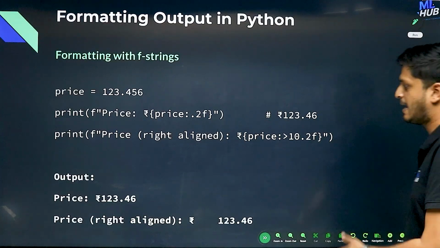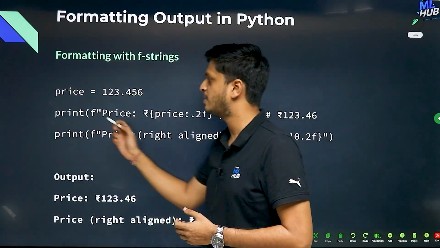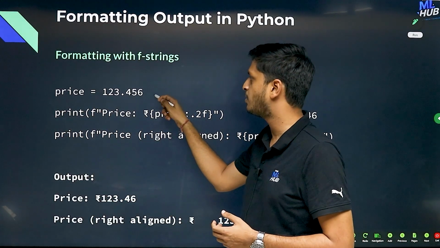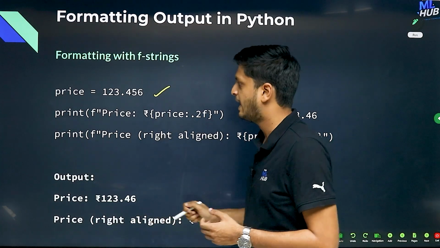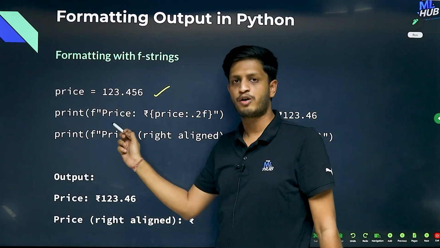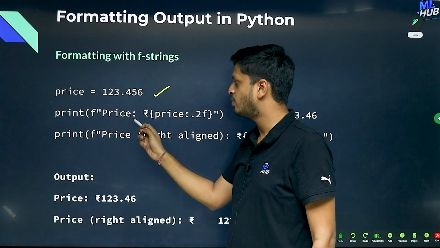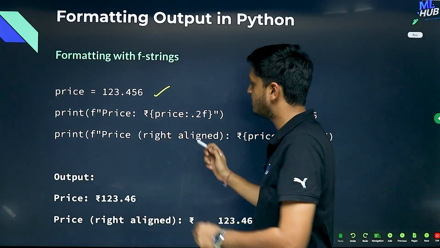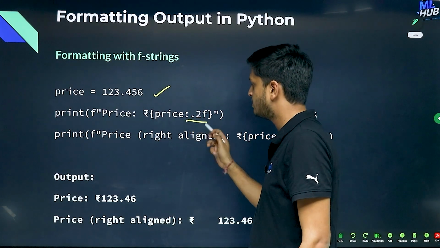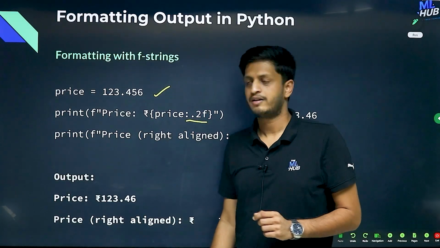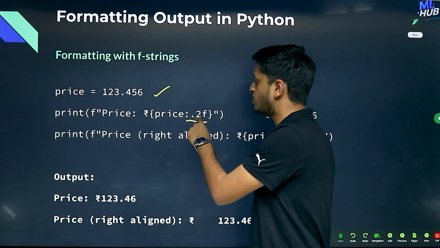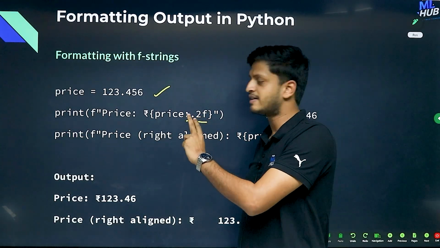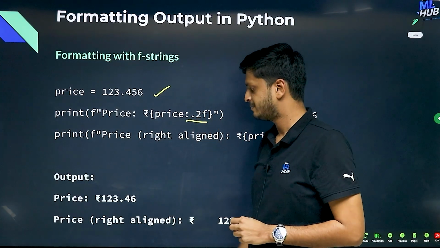Okay, here are a few examples on the same. Let us say there is a variable called price and the value is 123.456. If we use the print statement in a formatted string like this, price colon rupees, and then the variable price, and then we have used the precision control here. I want to print the floating point number, but only 2 digits after the decimal.